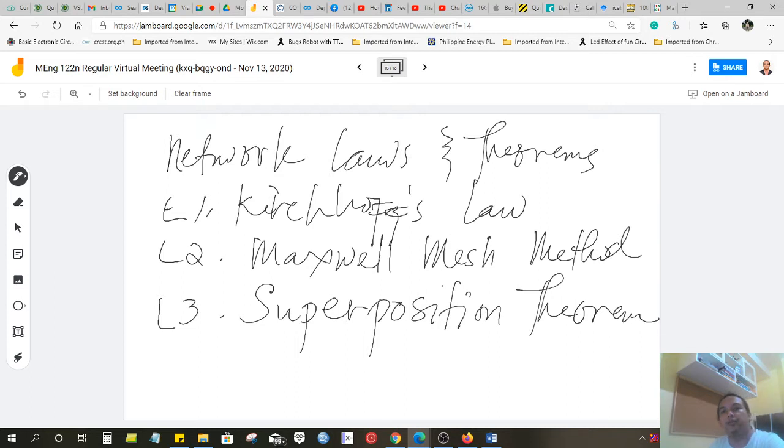Okay, superposition theorem. Now, this is another method in network analysis that we can use in finding the different unknown quantities in the circuit.